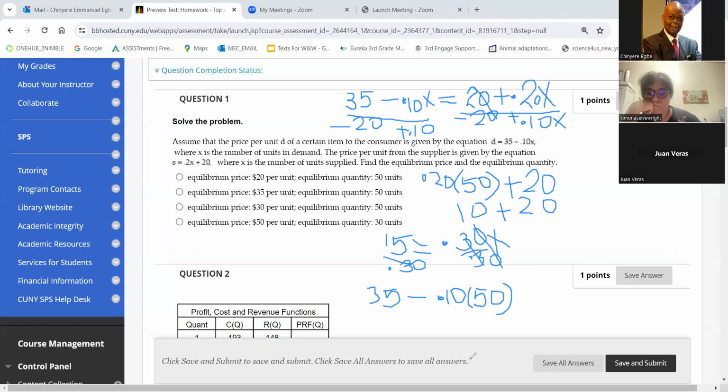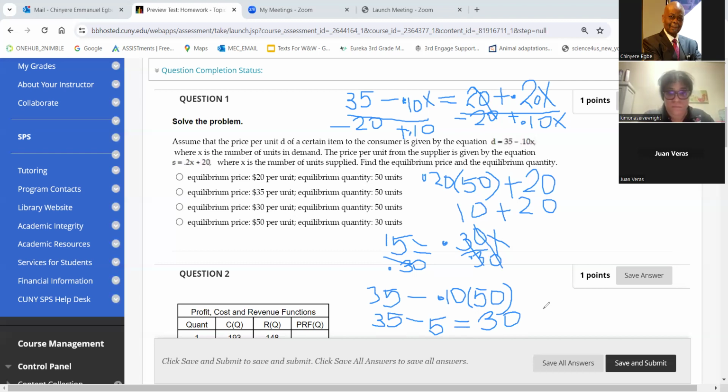Here we had 35 minus 5 equals 30. You get it? So x, the quantity, is 50.